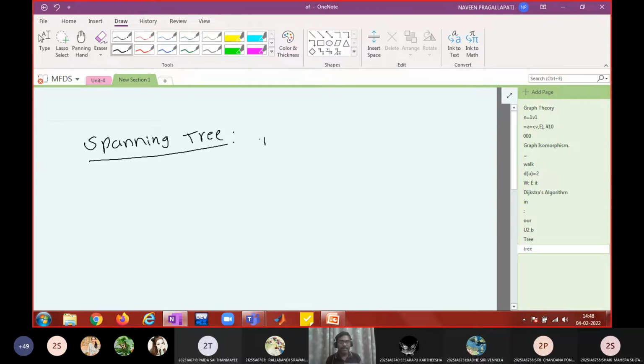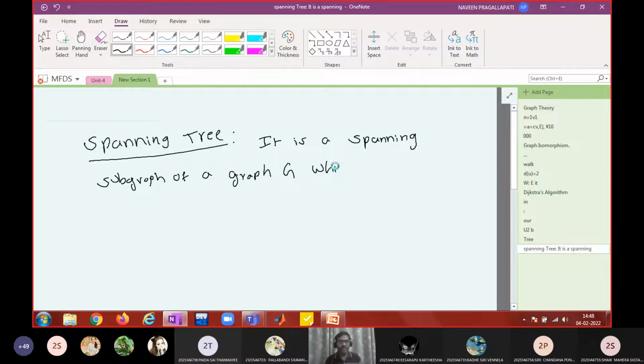It is a spanning subgraph of a graph G which is connected and acyclic, since I am calling it a tree.